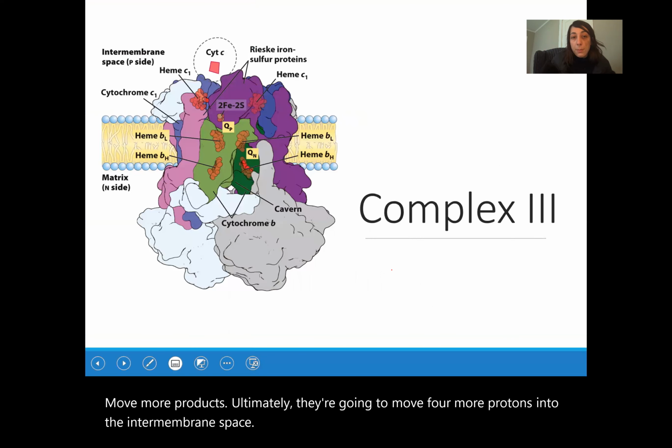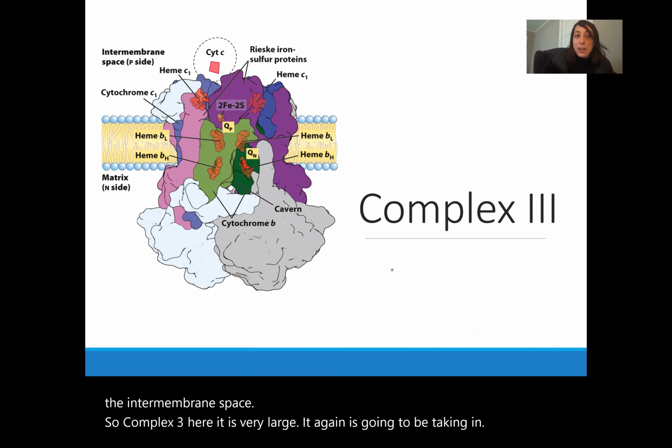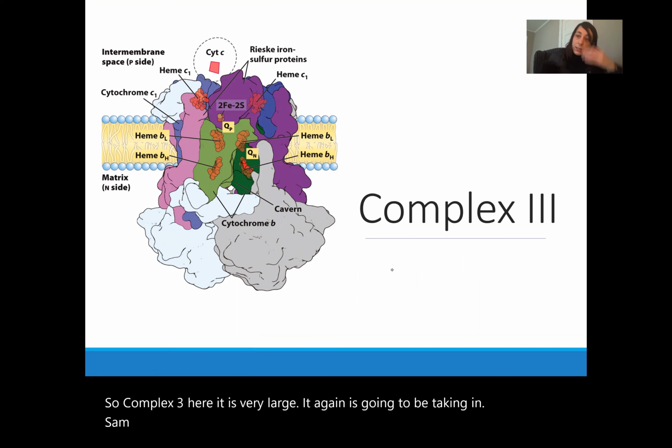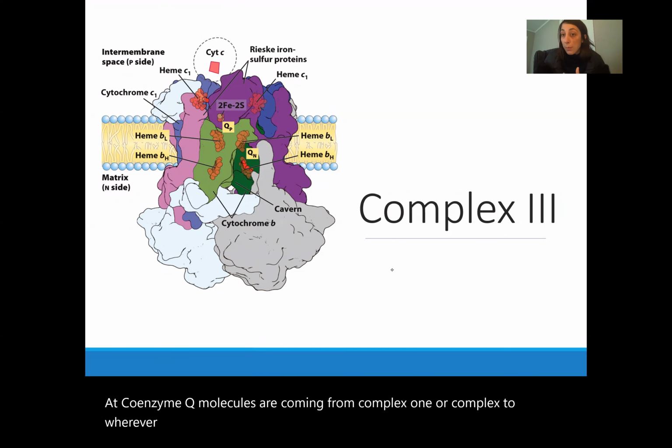So complex 3, here it is, it's very large. It again is going to be taking in some coenzyme Q molecules. Those are coming from complex 1 or complex 2, wherever those electrons were dropped off at.